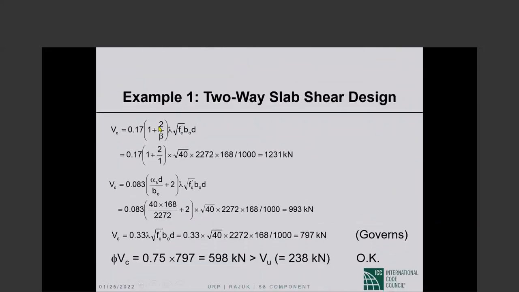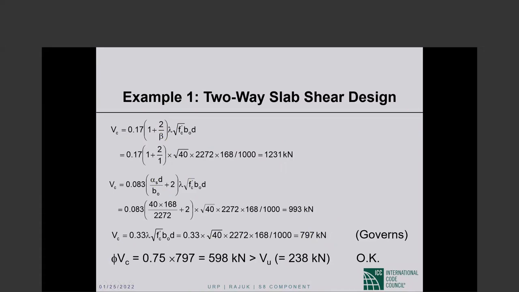So if we plug the numbers in, the first formula where V sub c is a function of beta gives us 1231 kilonewtons. Second formula where alpha sub s is involved, we get 993. And the third formula gives us 797. That obviously governs. The smallest one governs.